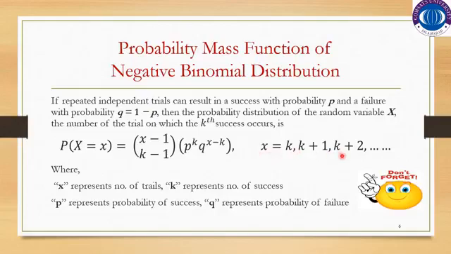Usually in the case of binomial distribution, we started from 0, 1, 2, 3 up to n.